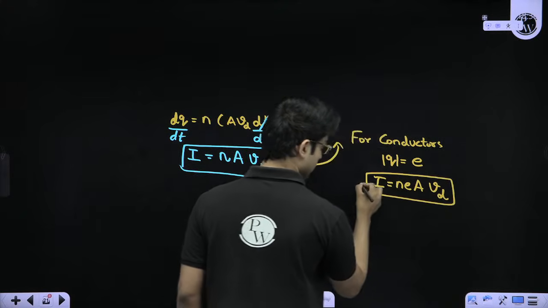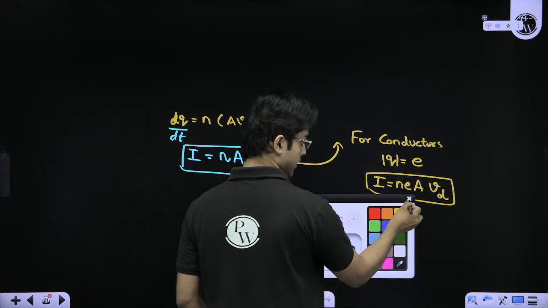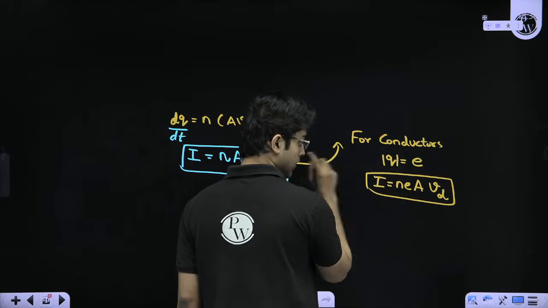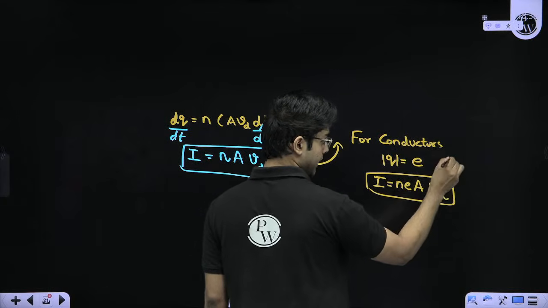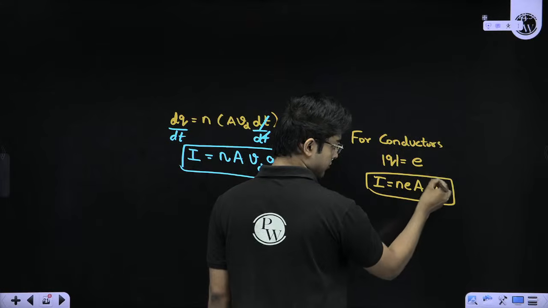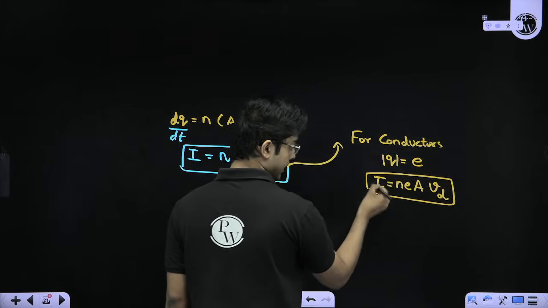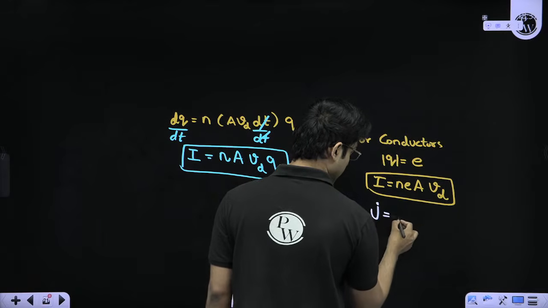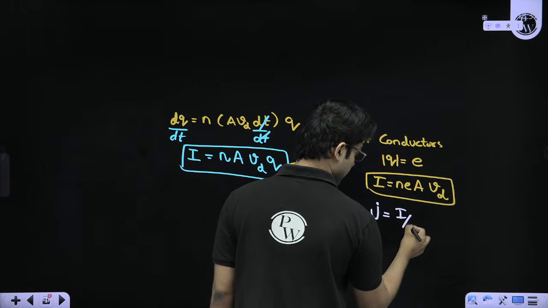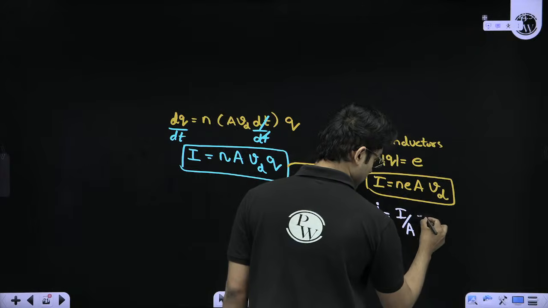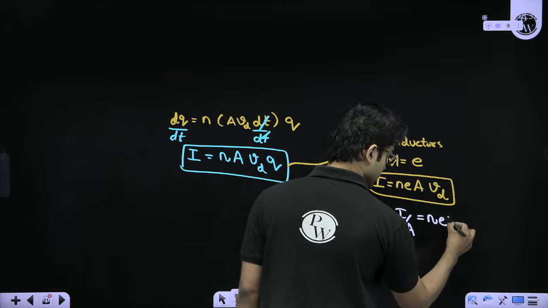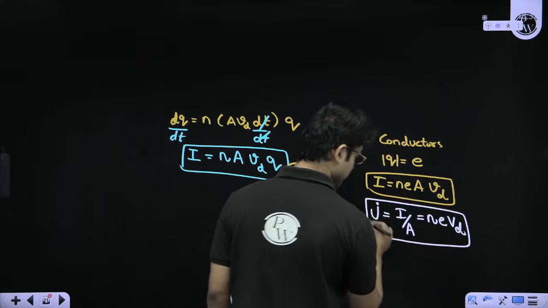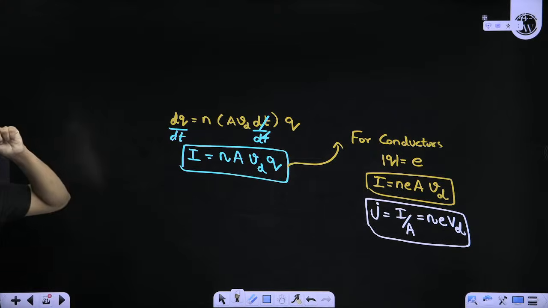So this is the important relation between drift speed of electrons and the current I. So we applied an electric field that gave the electrons a drift speed, and because of the drift speed we get a current. Okay, so we can also define the current density here. Current density's magnitude will be current divided by area, so that will be nevd. So this is the current density relation and current relation.